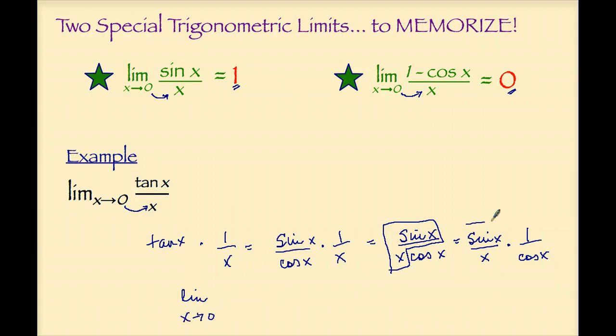We already know that as x approaches 0, the limit of sine x over x is 1. So this part becomes 1 times 1 over cosine x. Well, I am able to plug 0 into this denominator. The cosine of 0 is 1. So this becomes 1 times 1 over 1, which of course is 1. And that is your limit.